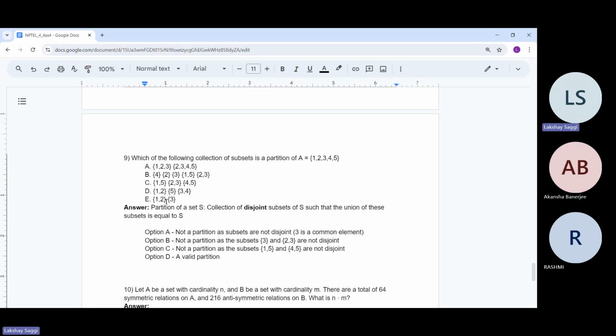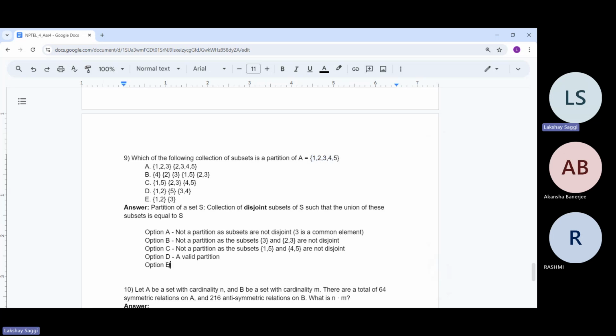Let's say we are just given two subsets, 1, 2 and 3. Maybe it's easy to see because I've just discussed it, but I'd like to mention that here we know that the sets are disjoint, right? They don't have a common element. But their union is not actually equal to the original set A, right? Their union is only 1, 2, and 3, whereas we wanted 1, 2, 3, 4, 5.